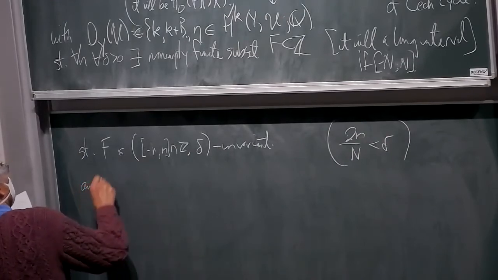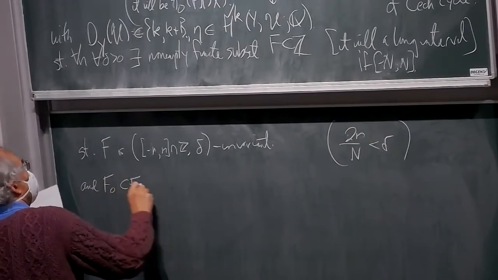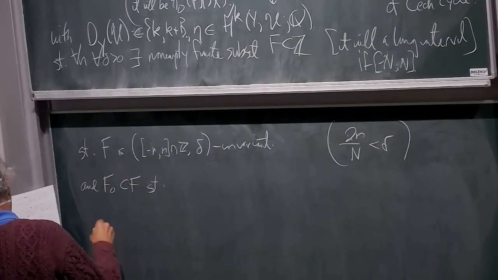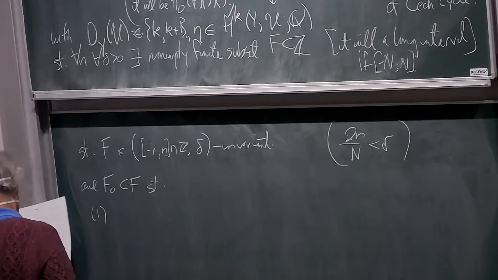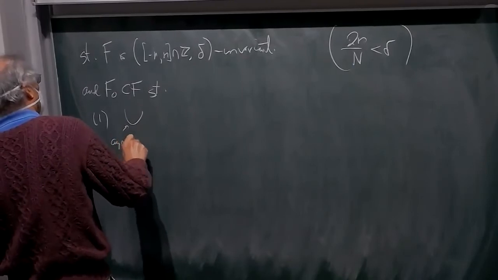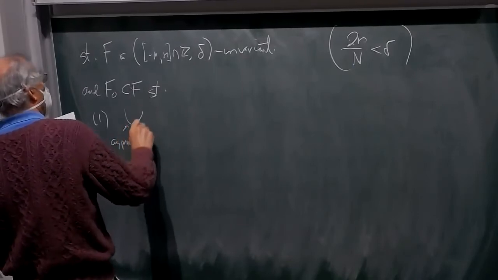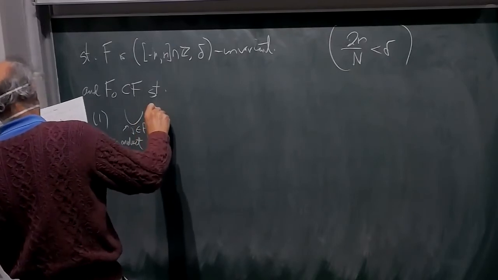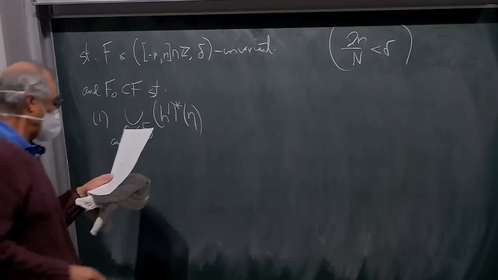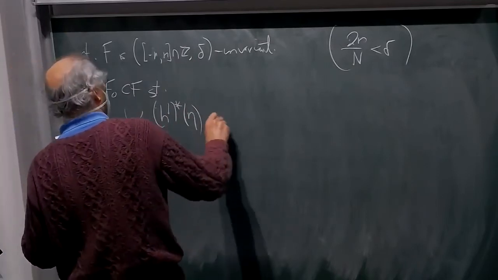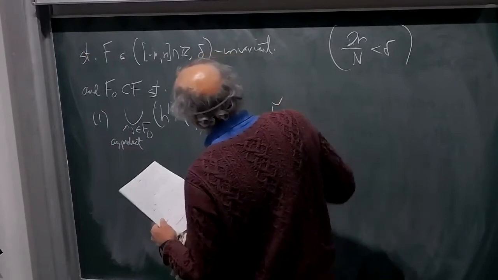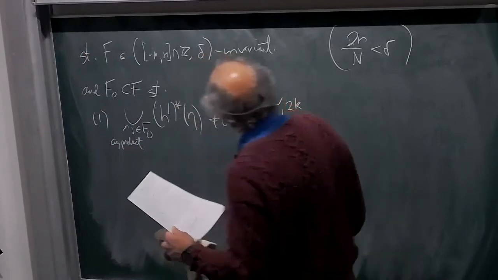And F0 subset of F such that the following things happen. One, I will take the cup product over J in F0 of H_J upper star of eta. This is not 0. Now, what is this? This is in the Čech cohomology.